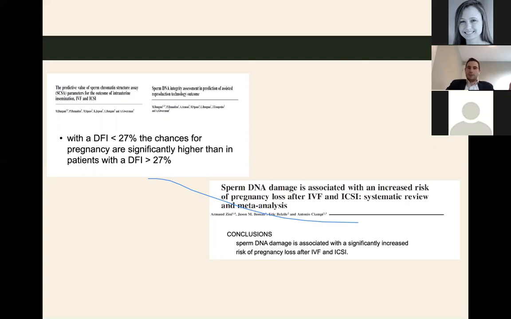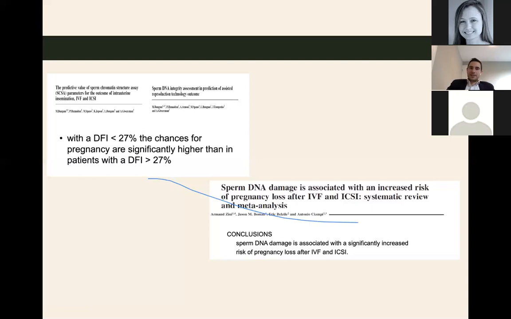And usually for a test or a drug or any medication or intervention to go into these guidelines and be recommended, it needs to be proven. I think it's a matter of time. It will take a couple of years for us to prove that the DNA fragmentation test is an essential factor and indicator to be used in the fertility field.